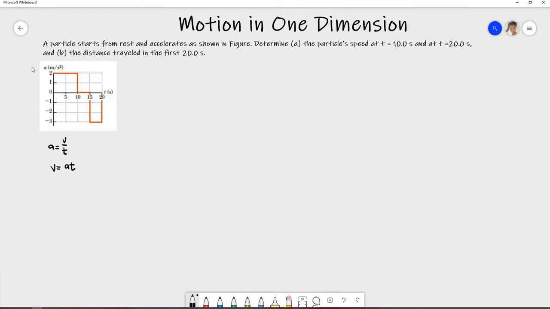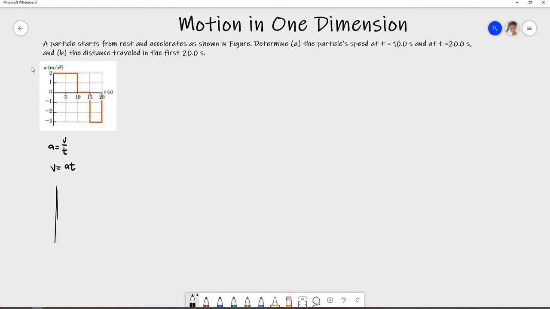Now, for this graph, we can create another graph of velocity in terms of time.